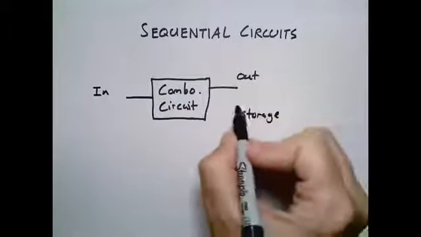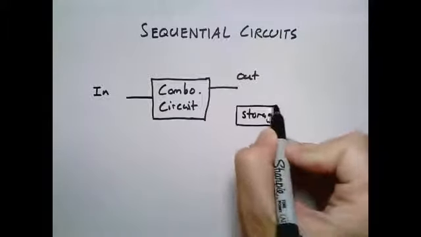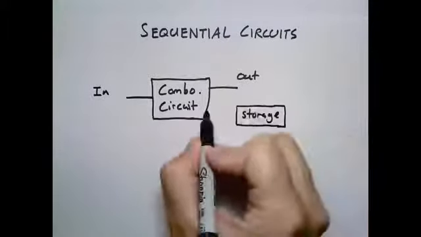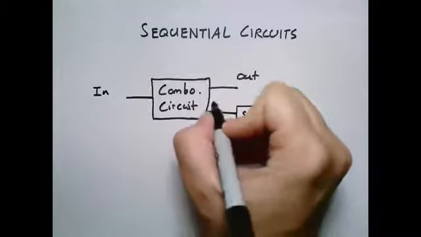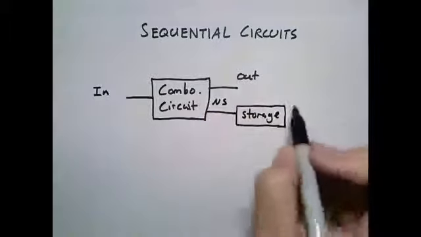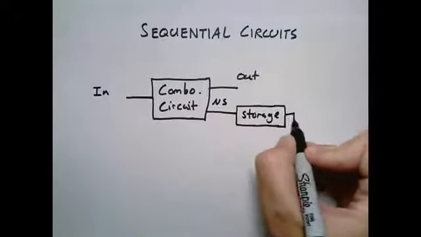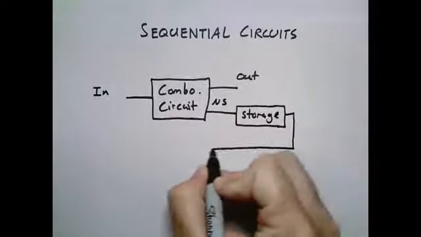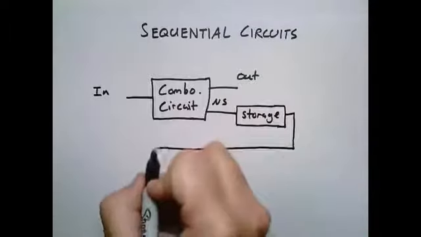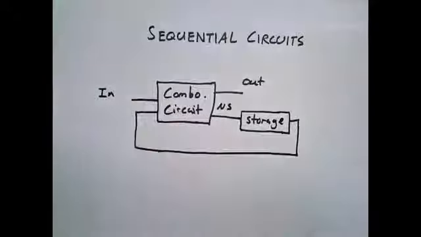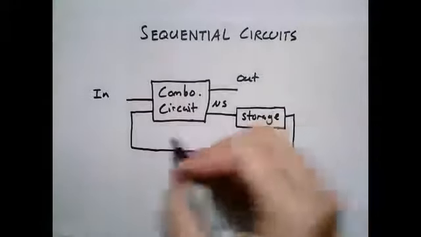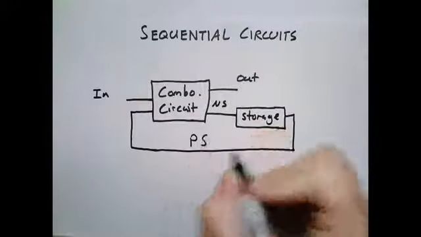And we'll talk about what goes in that storage in a later lesson, but there's some storage, and the output of that line from the combinational circuit is some sort of next state. And the output of the storage block, and the storage is also, you could think of it as a combinational logic block, comes back around as an input to the combinational circuit, and that's the present state, PS.